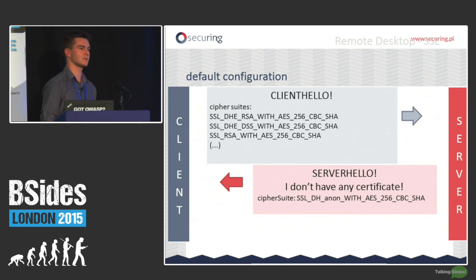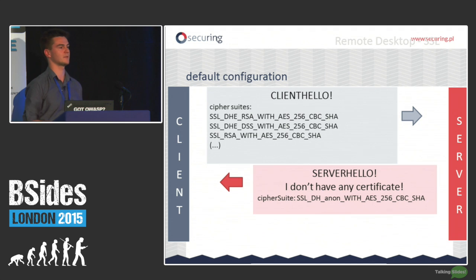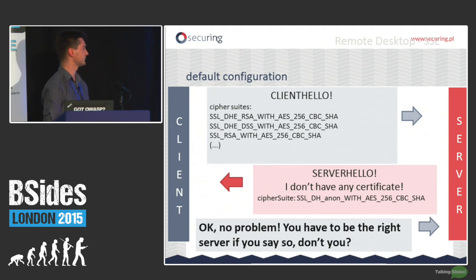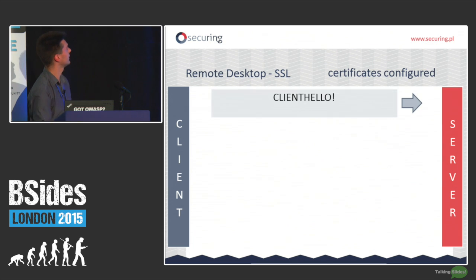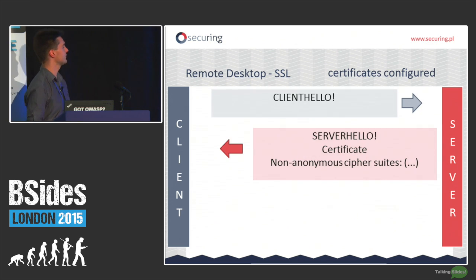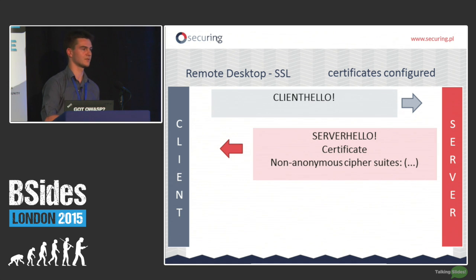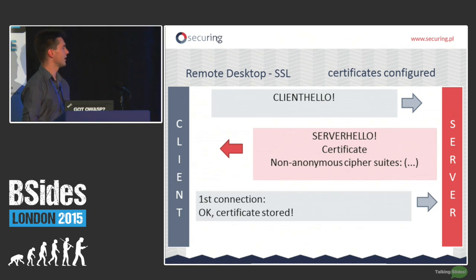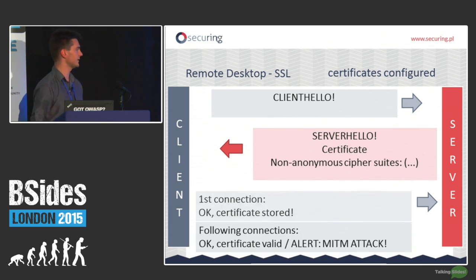There was an option in this software to switch to the certificate version of SSL. This time, the server responded with some non-anonymous cipher suites, and certificate pinning was implemented. On the first connection, the server stored the client certificate.